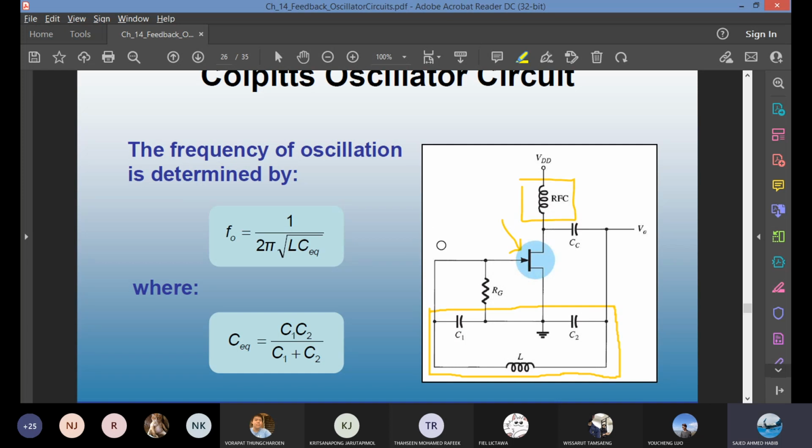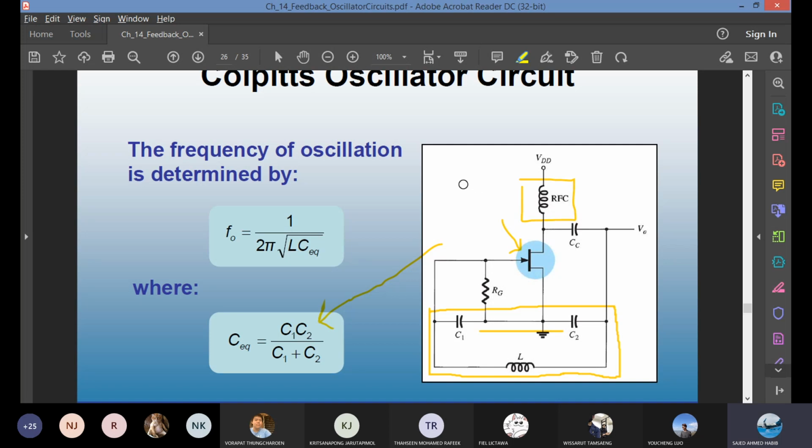Therefore, if you simplify the equation, it becomes like the parallel resistor formula. In this LC tank circuit, since C1 and C2 are in series, your equivalent is C1 C2 over C1 plus C2. And L is just L, just one inductor, you don't have to worry.